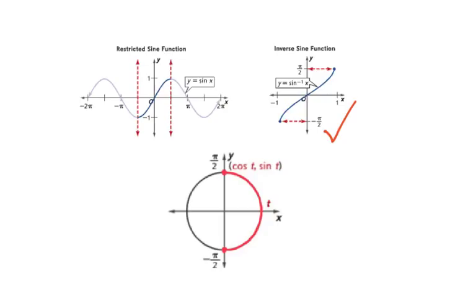This inverse sine function graph is more accurate. If we use the unit circle to show the inverse sine function, we could say that the range of the inverse sine function will be between negative pi over 2 and pi over 2.